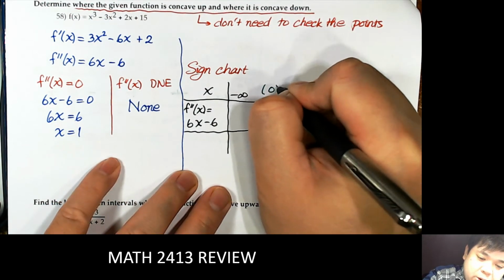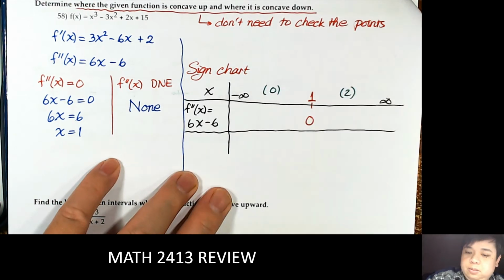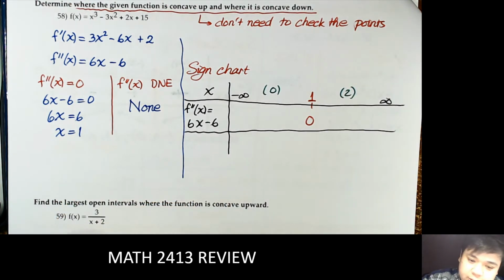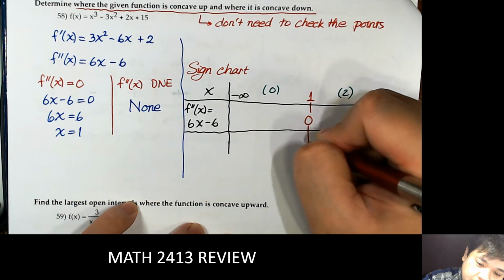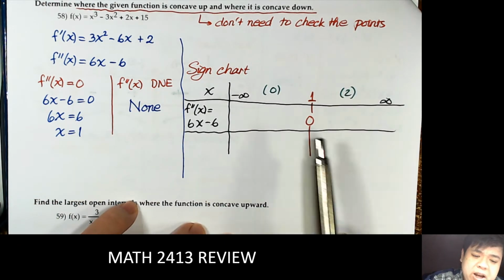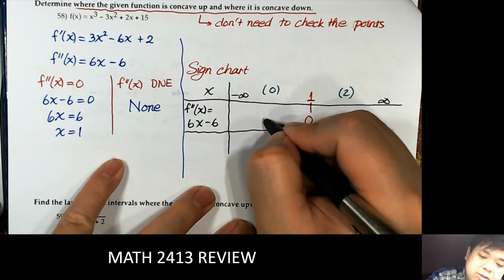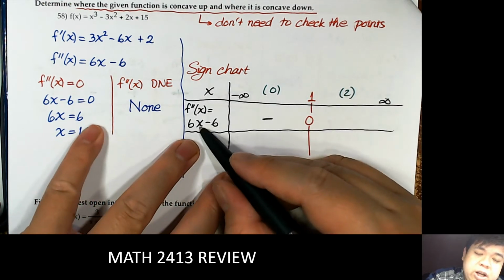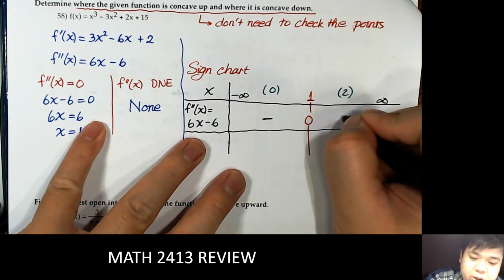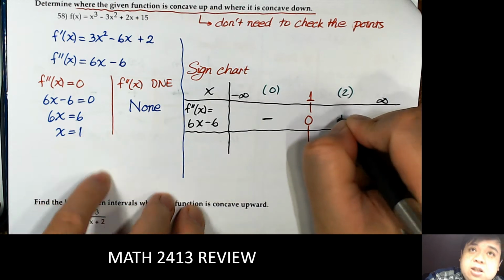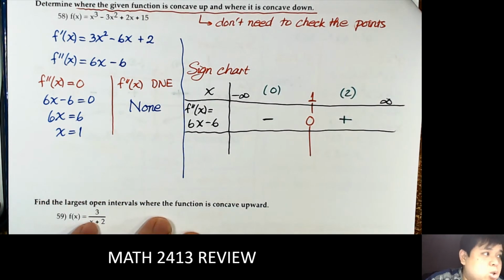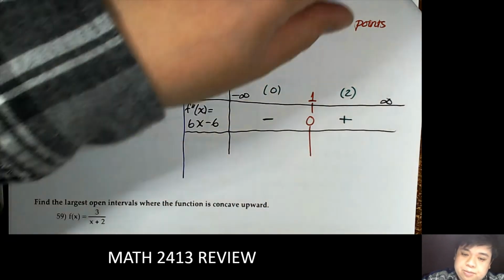So let's choose 0 and 2. On this I just do it by hand. Put 0 in here, we have negative 6. And put 2 in here, 12 minus 6 is equal to positive 6. So it's positive. So this is negative.